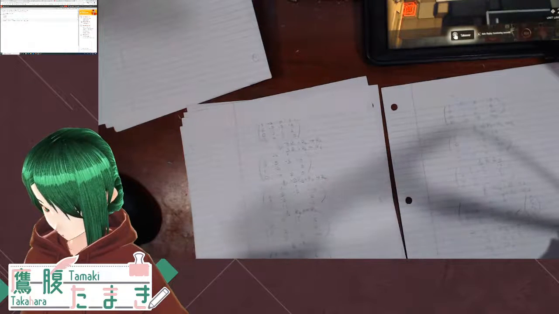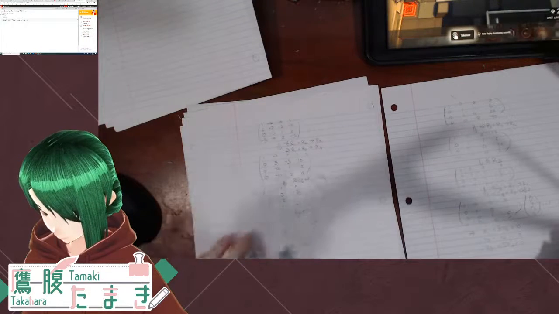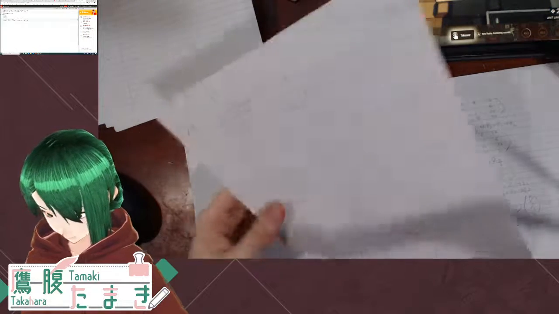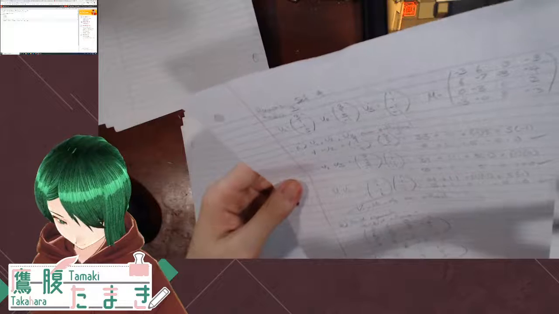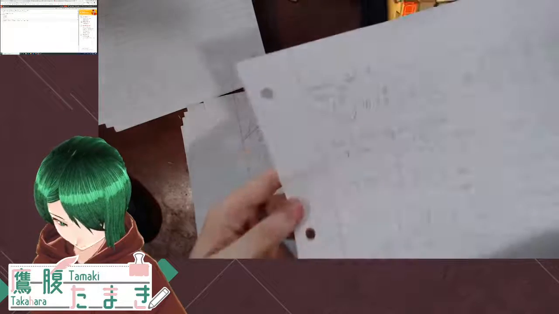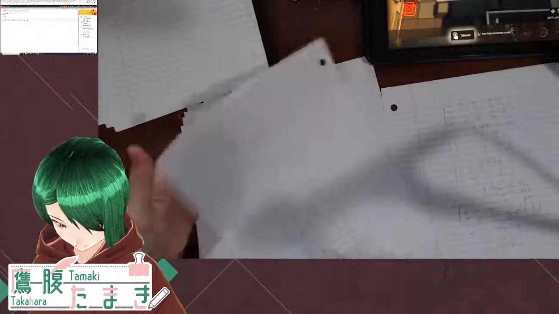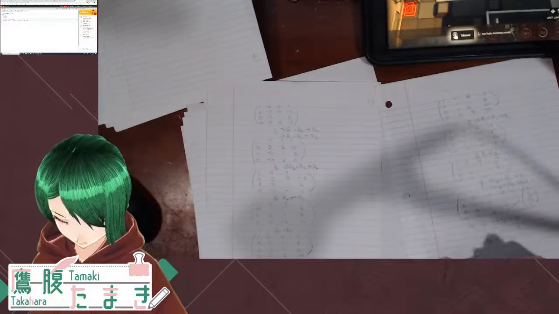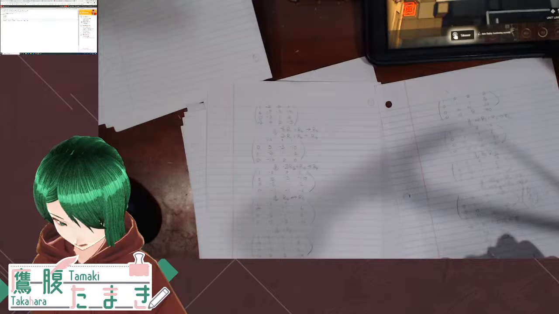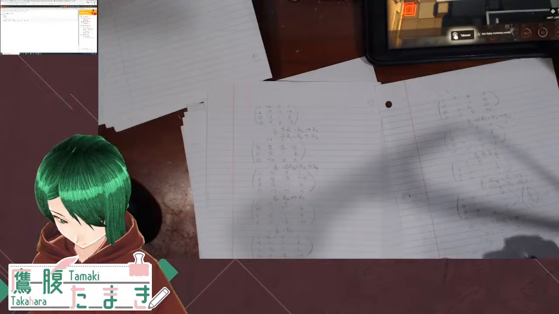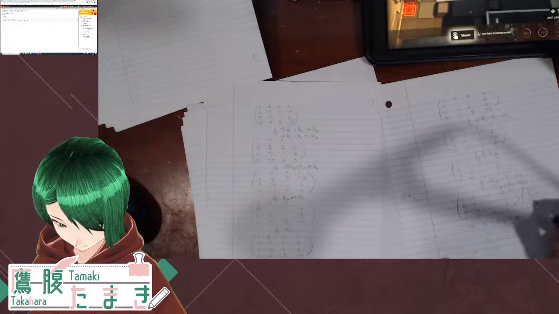So we can make it all in terms of x4. For convenience, let x4 equal 1. Actually, let's do it in terms of x4.